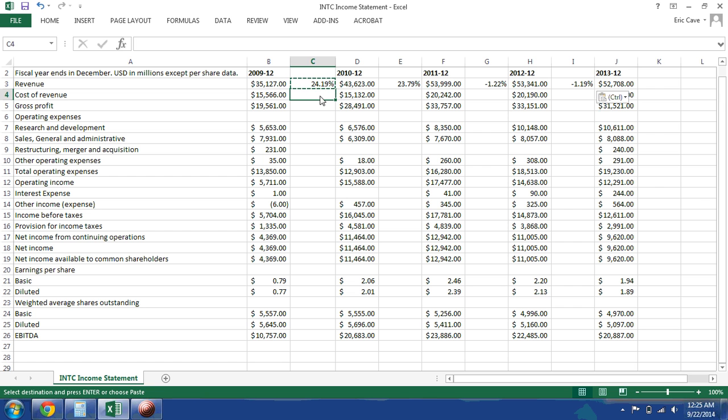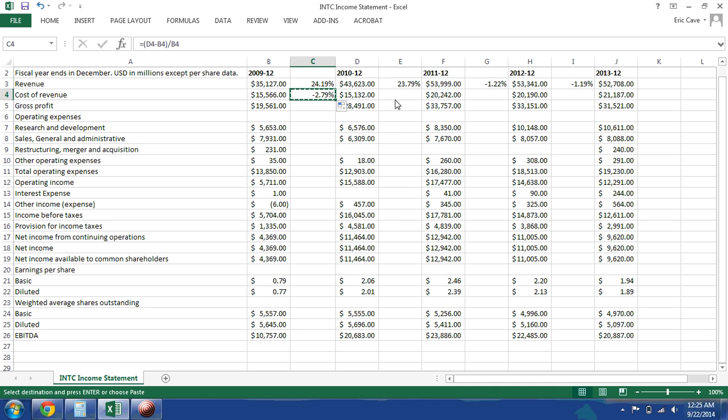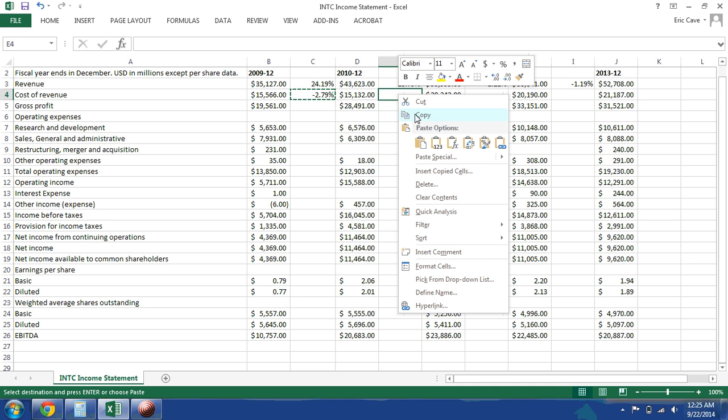We do the same thing for cost of goods sold, and I'm just going to use this little Excel spreadsheet cheat sheet and bring that down one, and you see cost of goods sold dropped by 2.79% from 2009 to 2010.